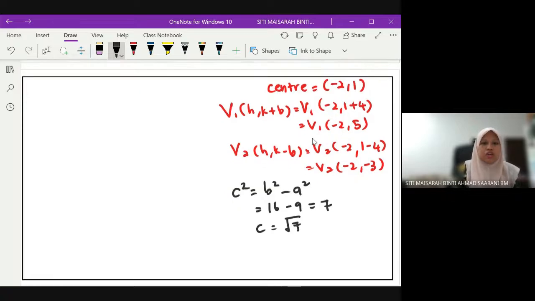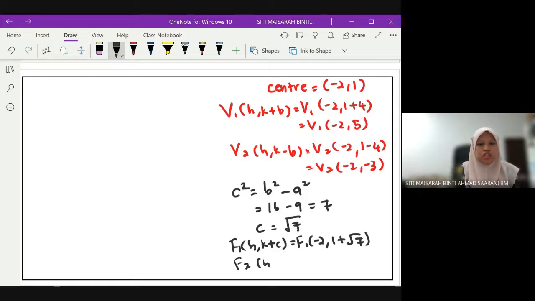Alright, so jadi fokus dia F1 is H, K tambah C. So jadi F1 negative 2, 1 plus 7. Tak boleh kira, biar je lah macam ni. Kalau kira dia akan dapat decimal kan. So tak perlu, biar je 1 plus 7. So jadi F2 H, K tolak C. So dia jadi F2 negative 2, 1 minus 7.